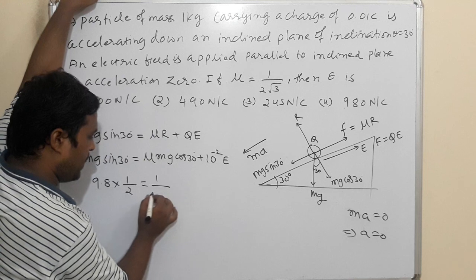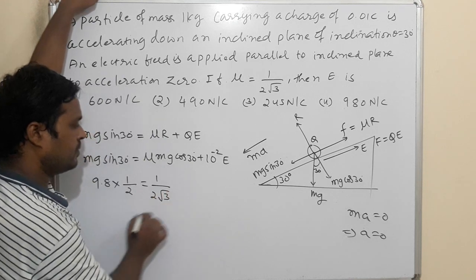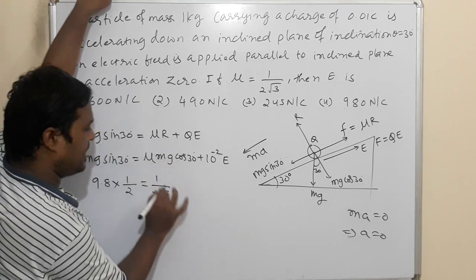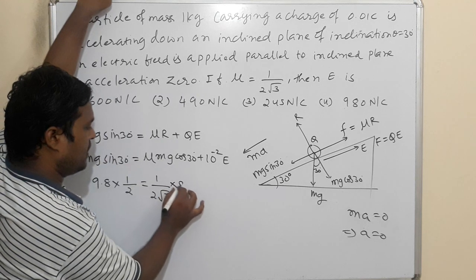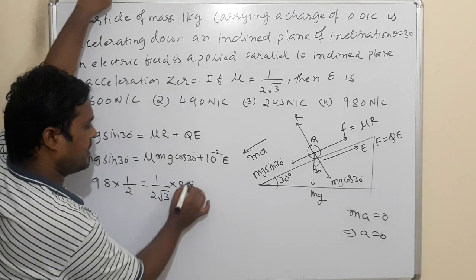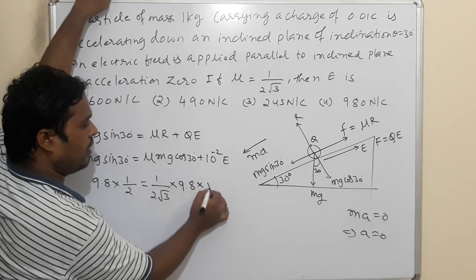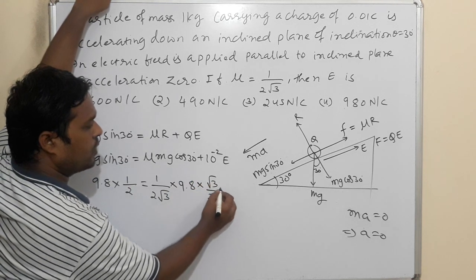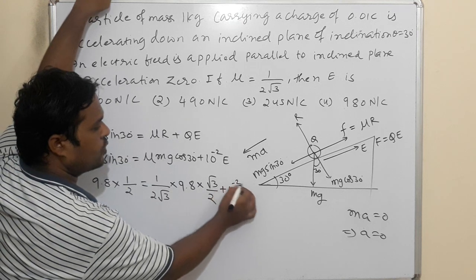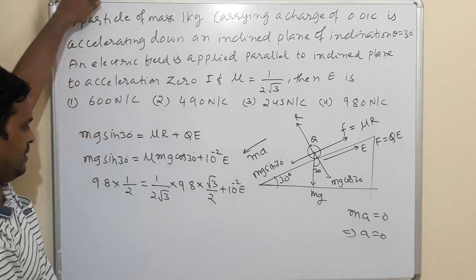Mu is 1 by 2 root 3. Again this m is there, 1 kg. This will be again g, it is 9.8 into cos 30 will be root 3 by 2 plus 10 raised to minus 2 into e.